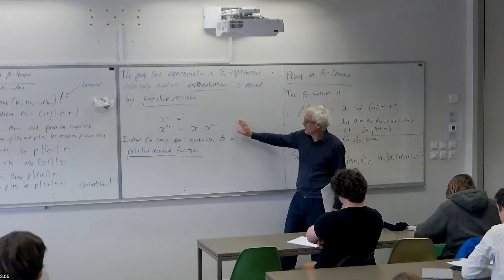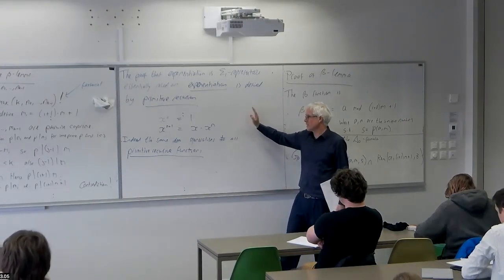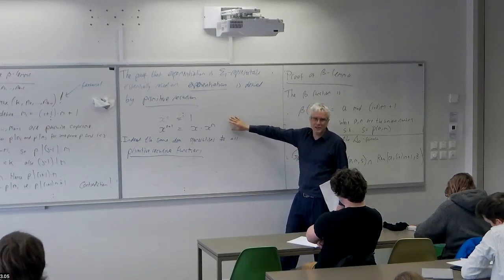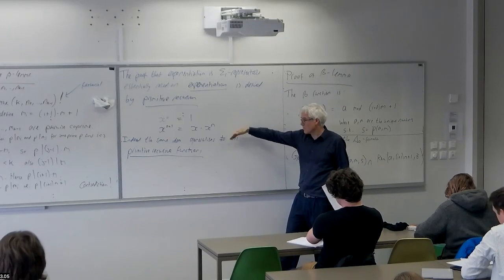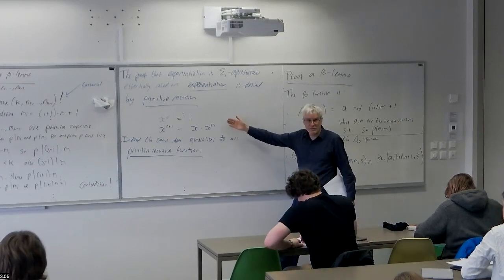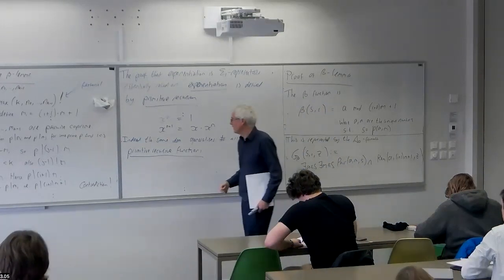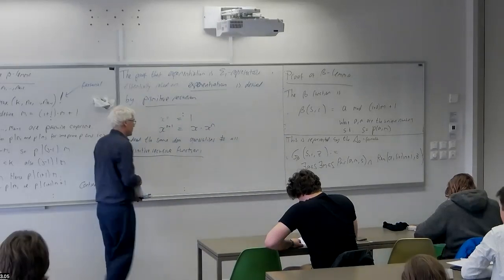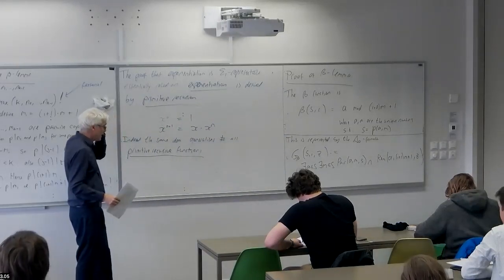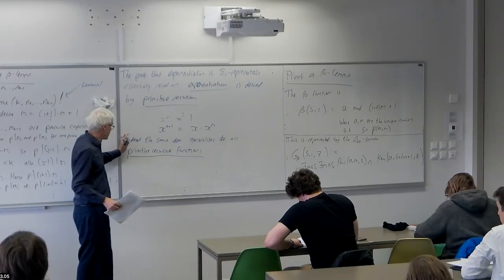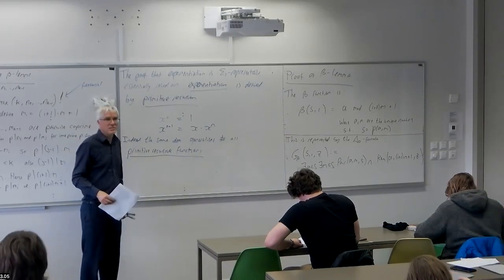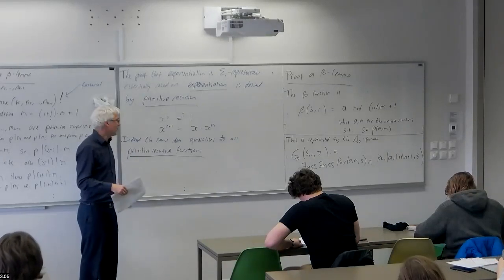Tomorrow's exercise class is going to be about this generalization of this way of defining functions that shows how we can define exponentiation from multiplication, for example. A very powerful way of defining functions on the natural numbers, and you're going to consider these systematically tomorrow.